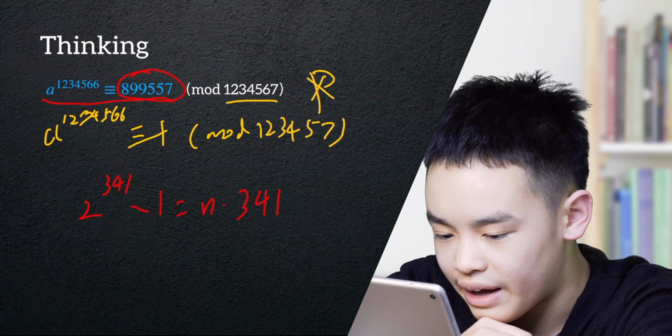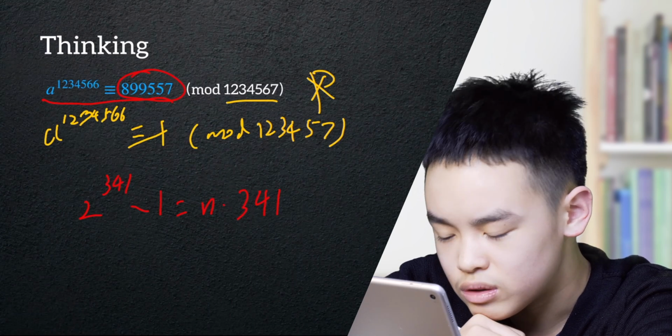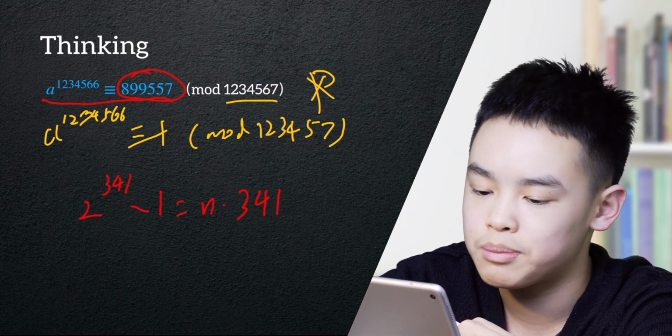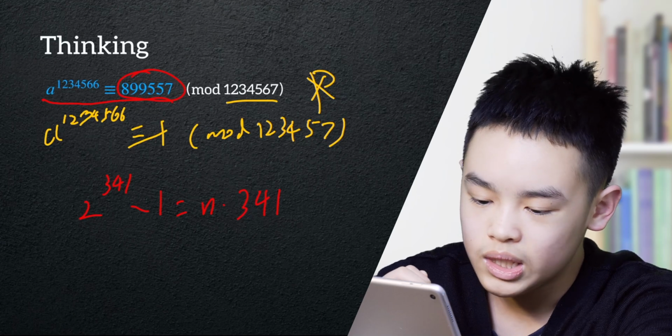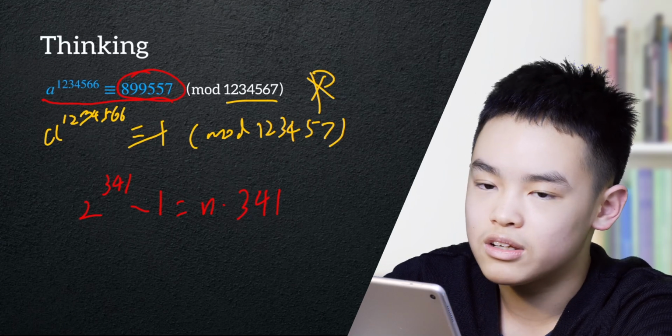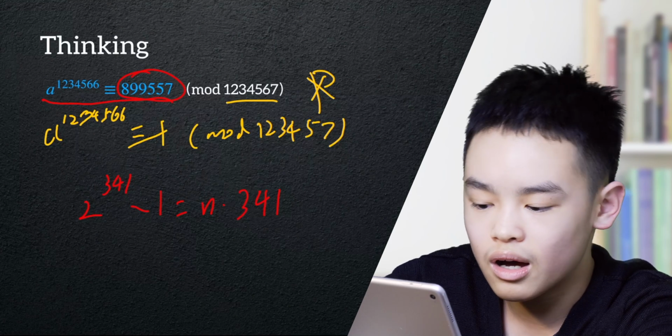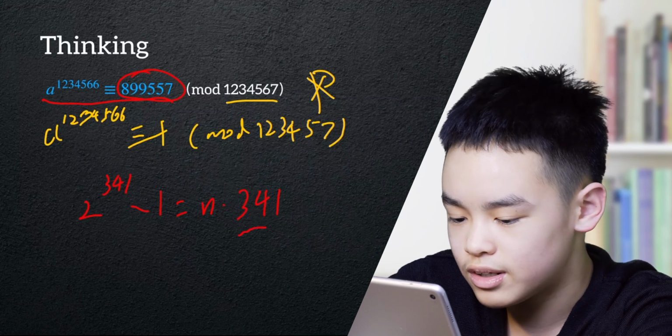Well, in fact, 341, as shown before, is not a prime number. So you can use Fermat's little theorem in identifying primes, but it will not always work, as in the case of 341.